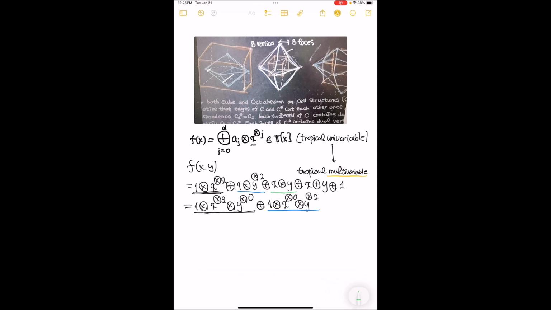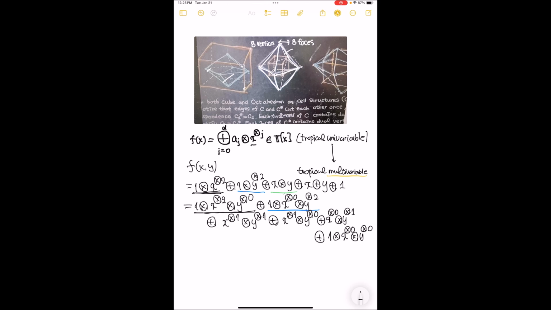And the third part is 1 times that, and the remaining term we can write like this.